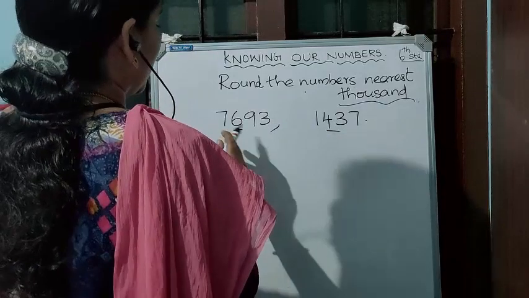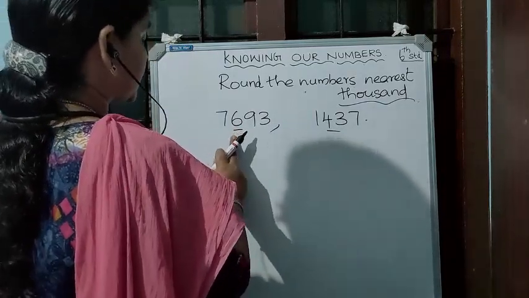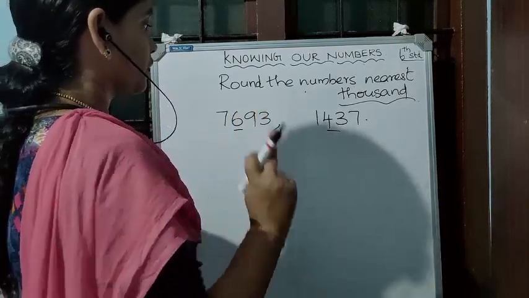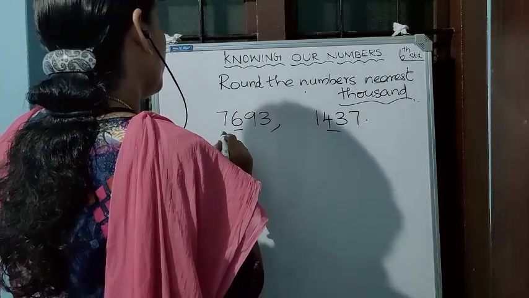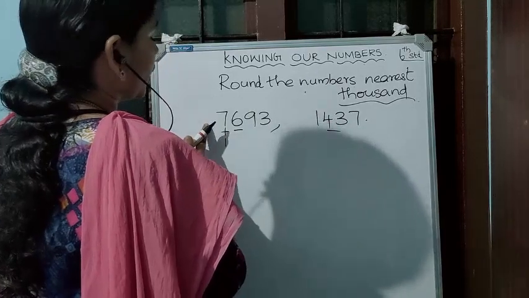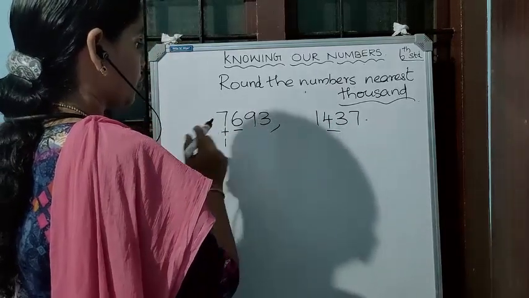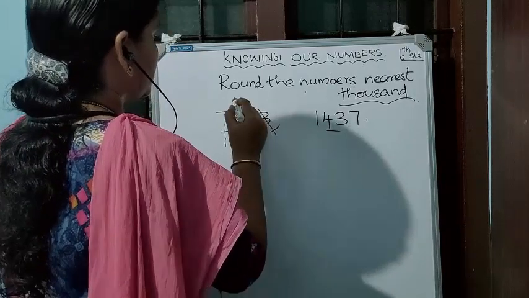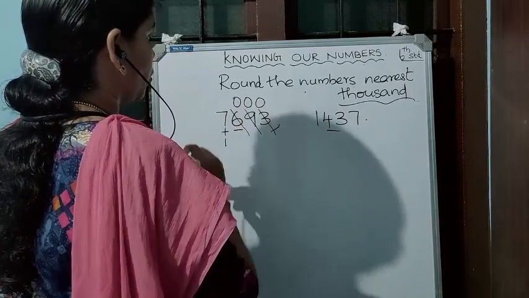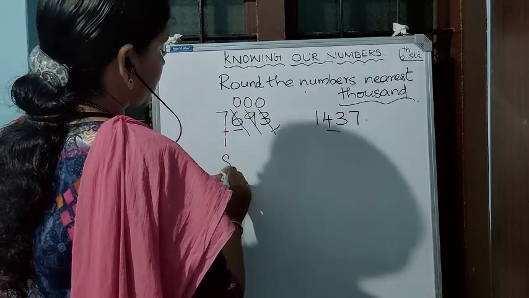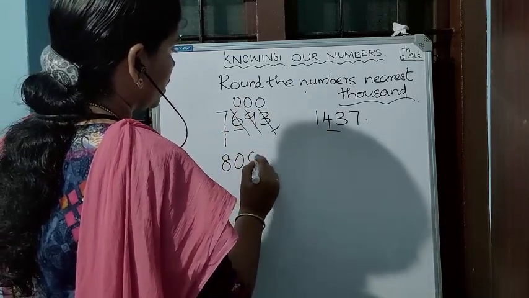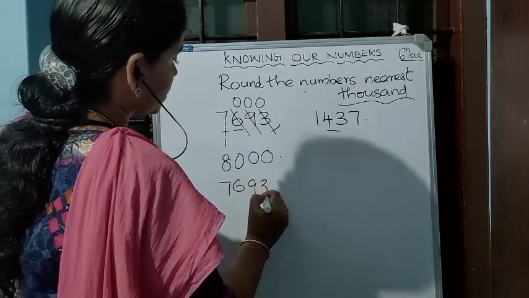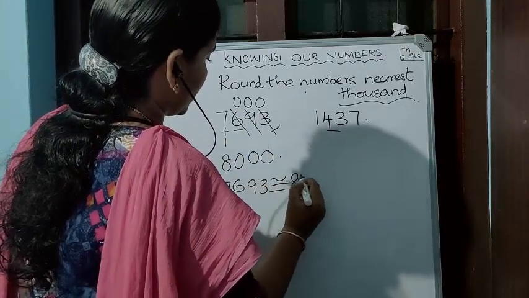Here 6 is the 100 place number, and 6 is greater than 5. So, what will we do? We add 1 to the thousands place number. So, the 100, tens and ones places become 0. So, 7 plus 1 is equal to 8 and write down these zeros. So, this number is estimated to 8000.